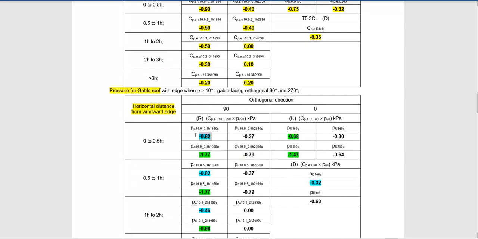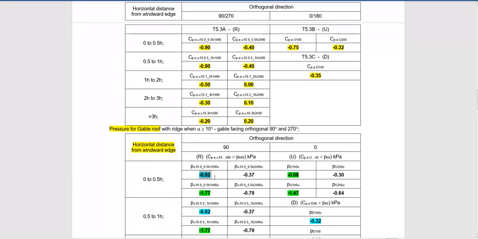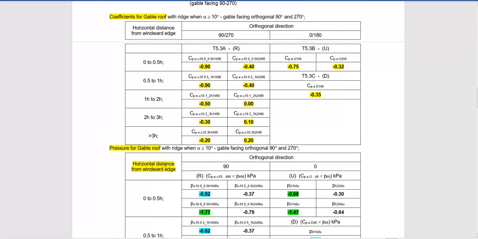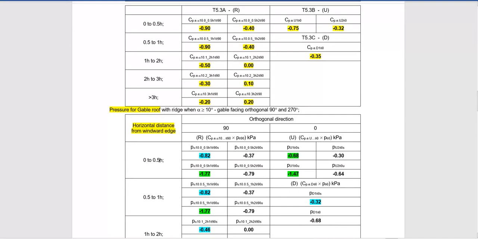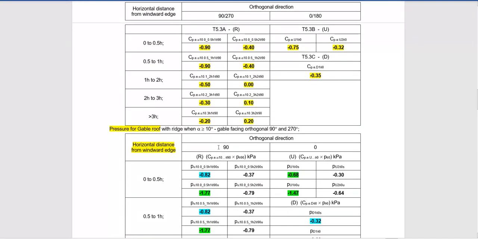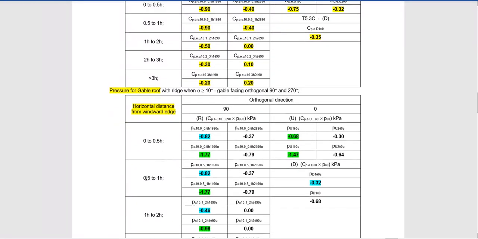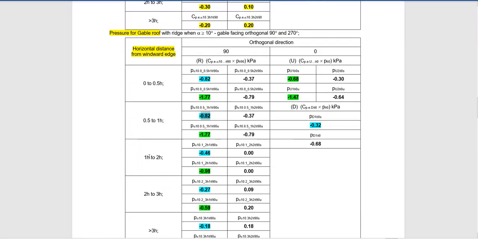So the maximum value is negative 0.82, which is the net pressure for the serviceability limit state at 0 to 0.5 H. Then for 0.5 to 1 H, the maximum value will be negative 0.82. At 1 H to 2 H, the value will be negative 0.46.